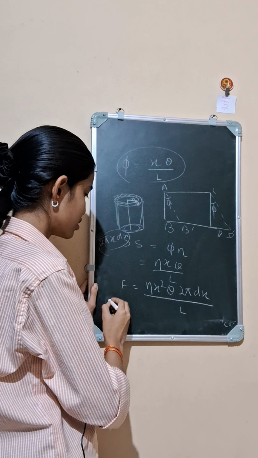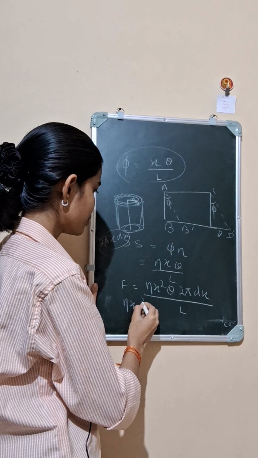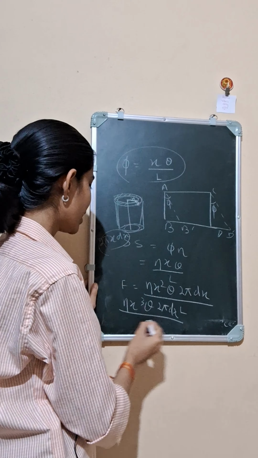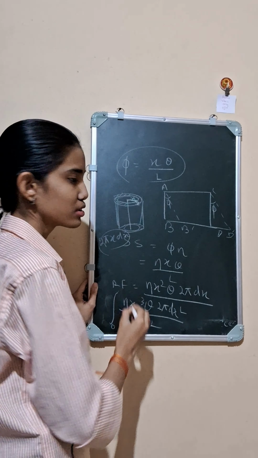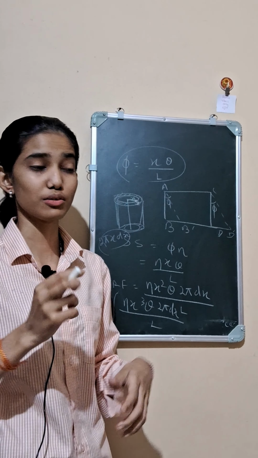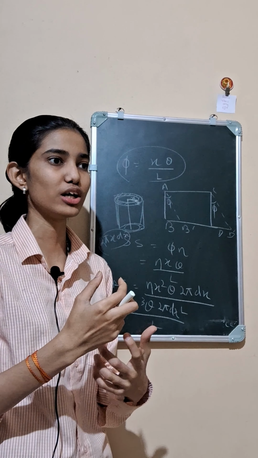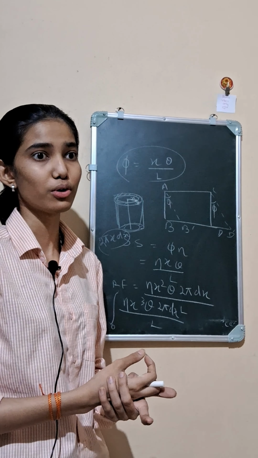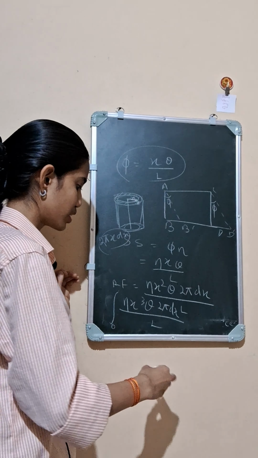So the couple will be eta x cube theta 2 pi dx by L. Now I have to integrate this from 0 to r, because initially I am going to take a very slim cylinder, which even if it is really a hollow cylinder will not look so, because we will not be able to see that there is a hollow space inside it.